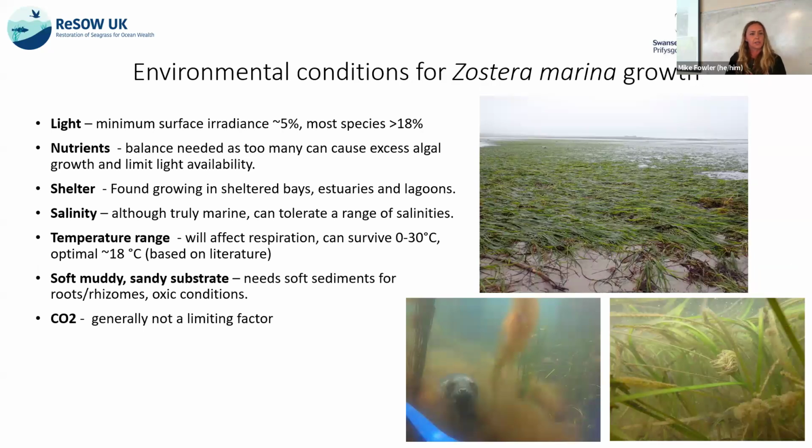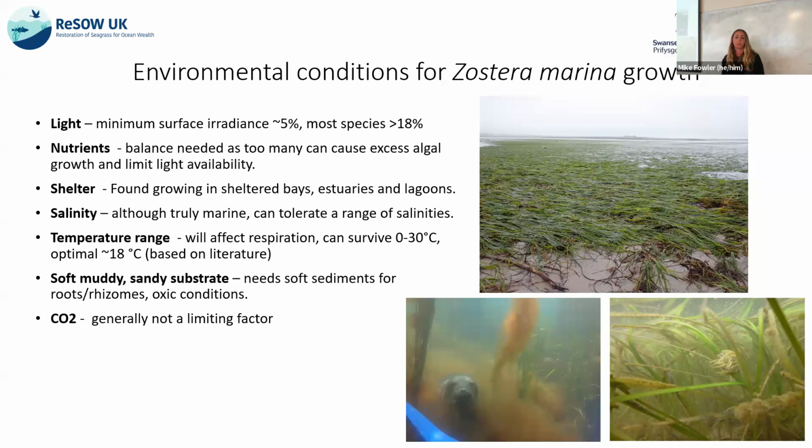So for habitat suitability modelling, you need to know what sort of environmental conditions or environmental data you want to put in your models. So these are some of the main environmental conditions that Zostera marina or seagrass would require to live. So they need a minimum amount of light. They need nutrients, like all plants do, to grow, shelter, salinity, because they're a truly marine species. Although they do tolerate a range of salinities, and quite often they'll grow in estuaries, for example.